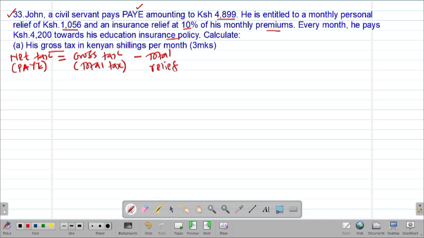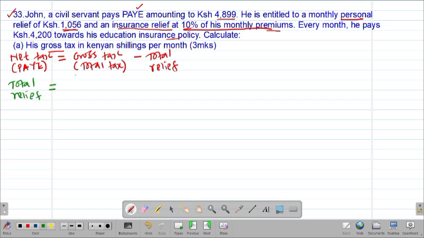So clearly, we are given two reliefs. We have a personal relief of 1,056 shillings and also an insurance relief, which is being charged at 10% of his monthly premiums. So we're going to start by getting the total relief. To get our total relief, we are going to add the two reliefs.